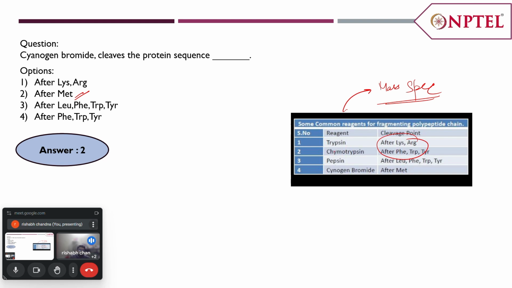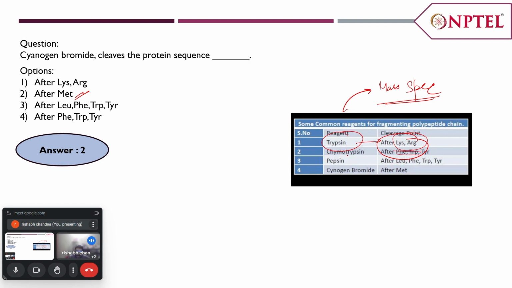First is trypsin. It is an enzyme present in our small intestine. It cleaves after the positively charged amino acids, that is lysine and arginine. That depends upon the amino acids present in its active site. So that's why it cleaves after lysine and arginine.